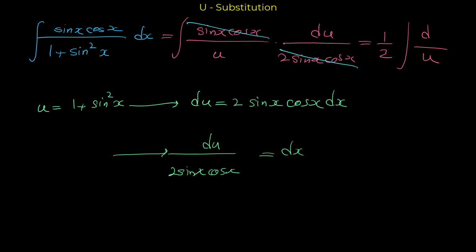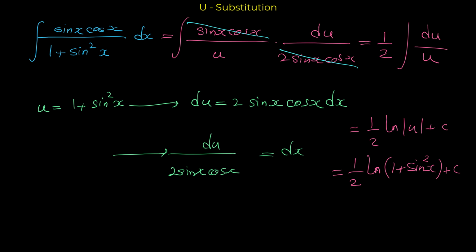But integral of du over u is ln of u, so the answer is 1/2 ln of u. And this can be written as 1/2 ln of 1 plus sine squared x plus c. The reason that we don't need to put absolute value here is that this expression is always positive, and when something is positive you don't need an absolute value.